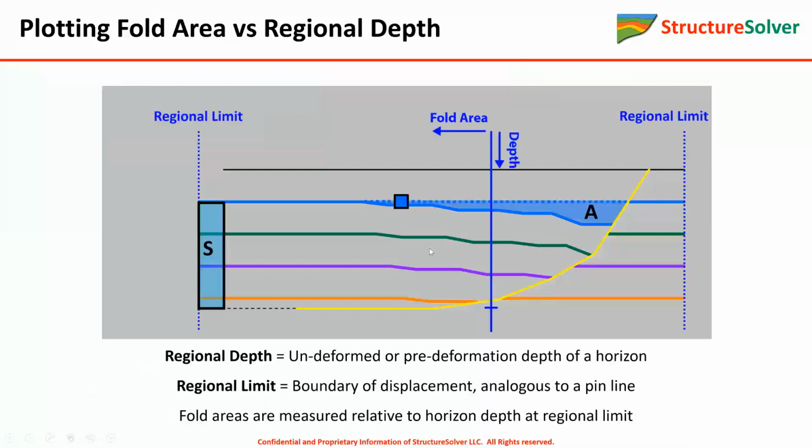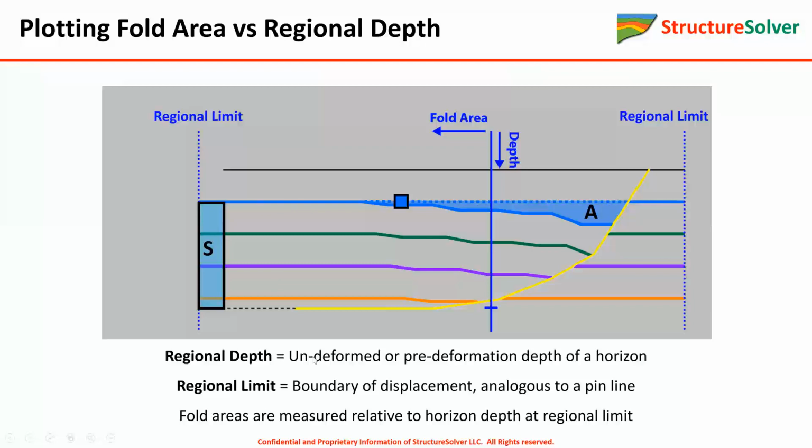So if you were looking at something like this in the seismic and you wanted to apply an area depth graph to compute either the amount of displacement or the detachment depth for the structure, say you hadn't imaged that flat detachment, the way that the method works is that we start out by putting an area depth graph right over the section. And then we're measuring these fold areas relative to the depth of these horizons, the regional depth.